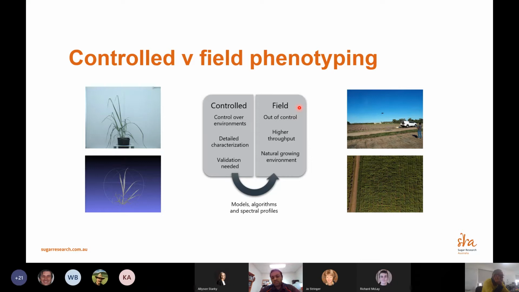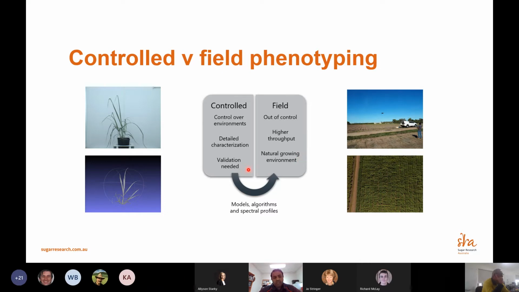On the other hand is field-based phenotyping, which is out of control. That is, you don't have any control over the environment, but you could have a higher throughput with field-based phenotyping. And also all the phenotypes are captured under the natural environment. That's a big advantage with field-based phenotyping, but in practice, you will need both.